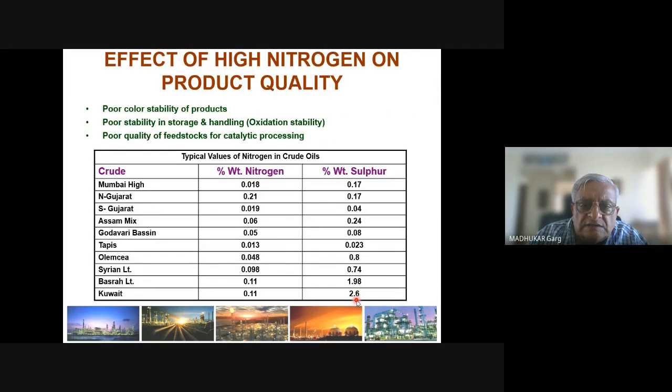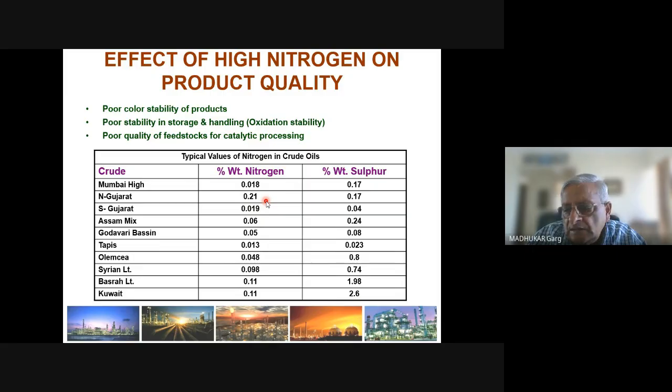This gives you the typical ranges of nitrogen and sulfur present in the various crude oils. We need to remove nitrogen because it gives color to the products. There was an instance about 30 years ago where kerosene used to have a slight pinkish hue.